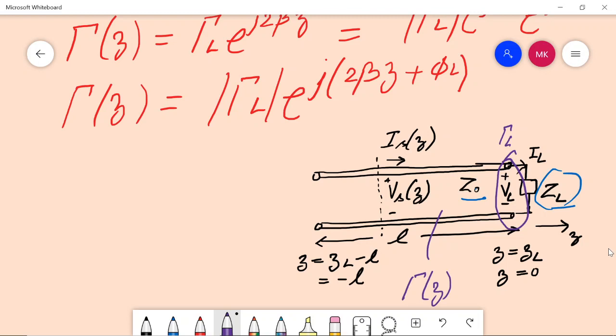If it is lossy, then it will decrease. But if it is a lossless line, the magnitude of this reflection coefficient at each point of Z remains constant. Whereas the phase will change. Phase will depend upon Z. This is an initial phase, so it will have some phase here.